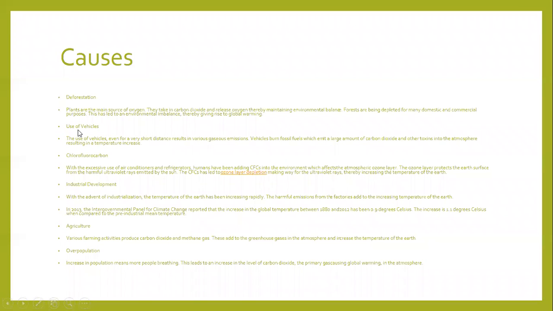The use of vehicles, even for a very short distance, results in various gaseous emissions. Vehicles burn fossil fuels, which emit a large amount of carbon dioxide and other toxins into the atmosphere, resulting in temperature increase. So you see how this is all connected.